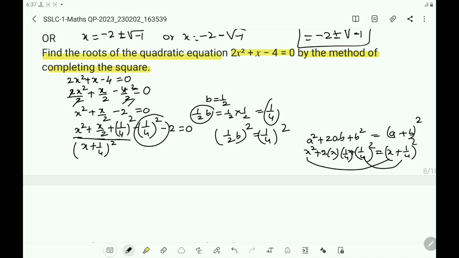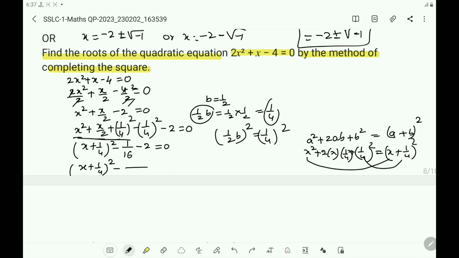Then you write minus 1 by 4 whole square is 1 by 16 minus 2 equals 0. Then you write this x plus 1 by 4 whole square as it is, and you add these two.